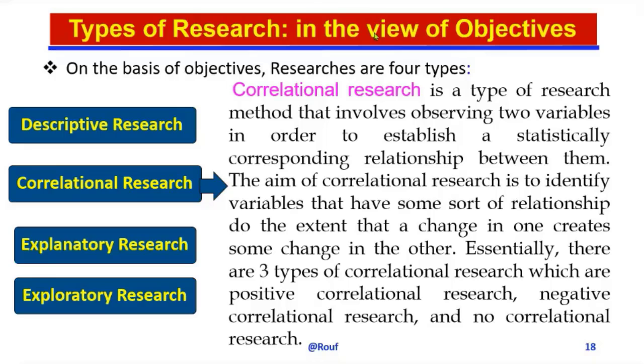The aim of correlational research is to identify variables that have some sort of relationship to the extent that a change in one creates some change in the other. Essentially, there are three types of correlational research, which are positive correlational research, negative correlational research, and no correlational research or zero correlational research.